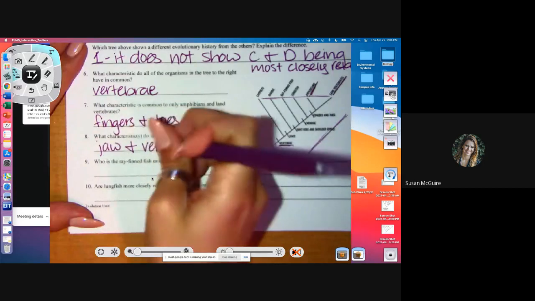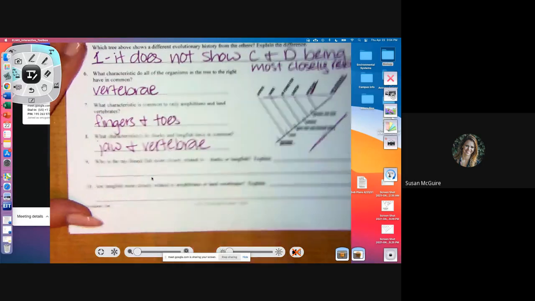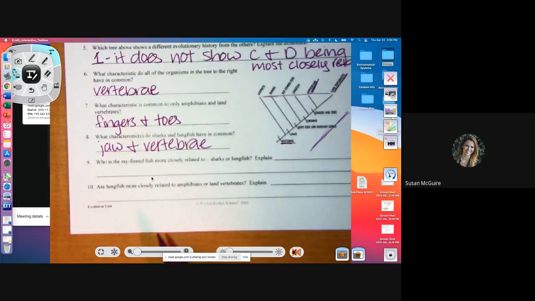This one's easier. Who is the ray fin fish more closely related to, sharks or lungfish?